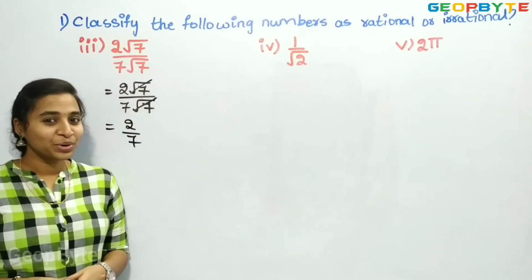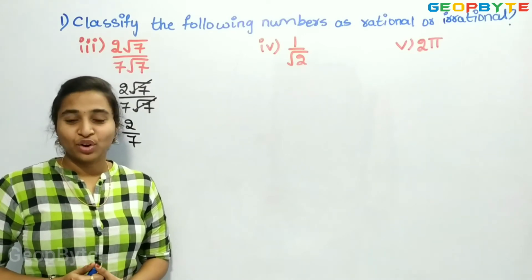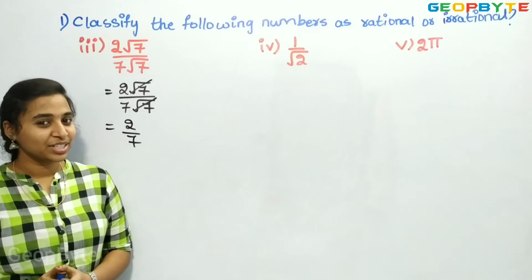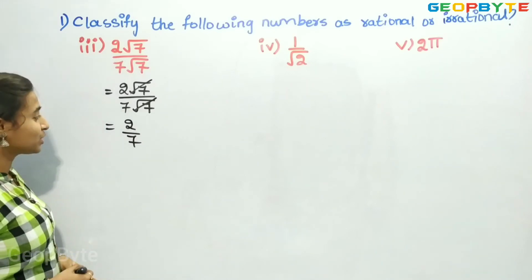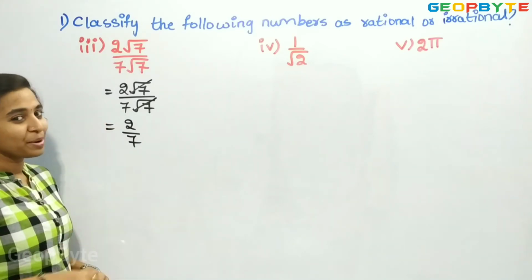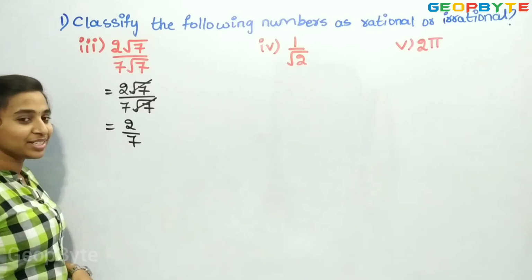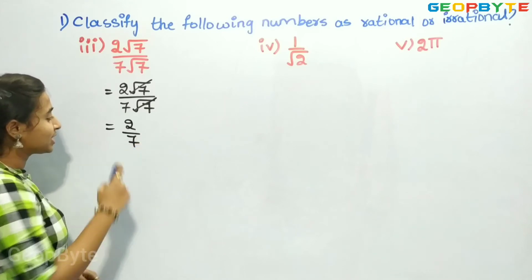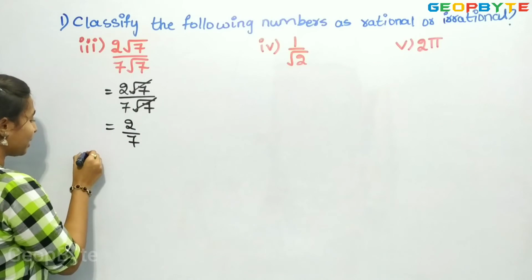You know the definition of a rational number, which is in the form of P by Q, where P and Q are integers and Q not equal to 0. So here also it is in the form of P by Q, where P and Q are integers and Q not equal to 0. That is, we have 7 here. So 2 by 7 is a rational number.